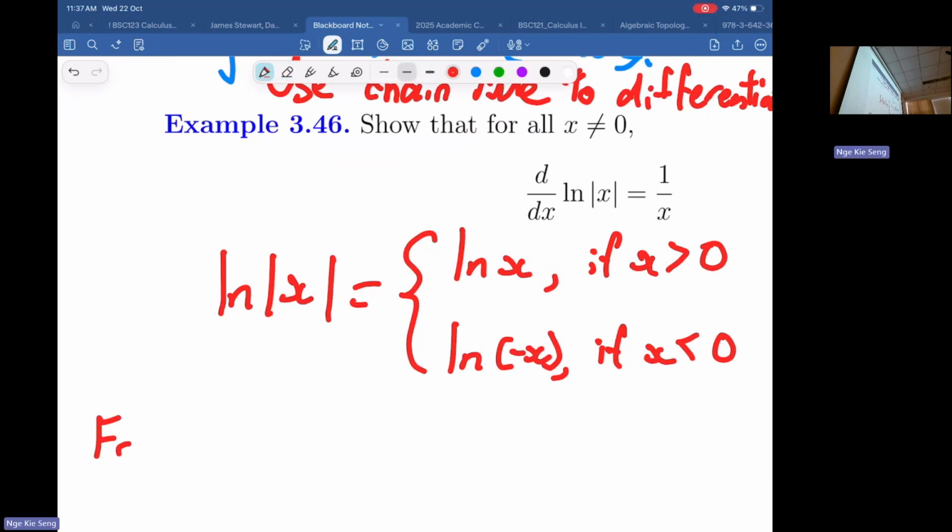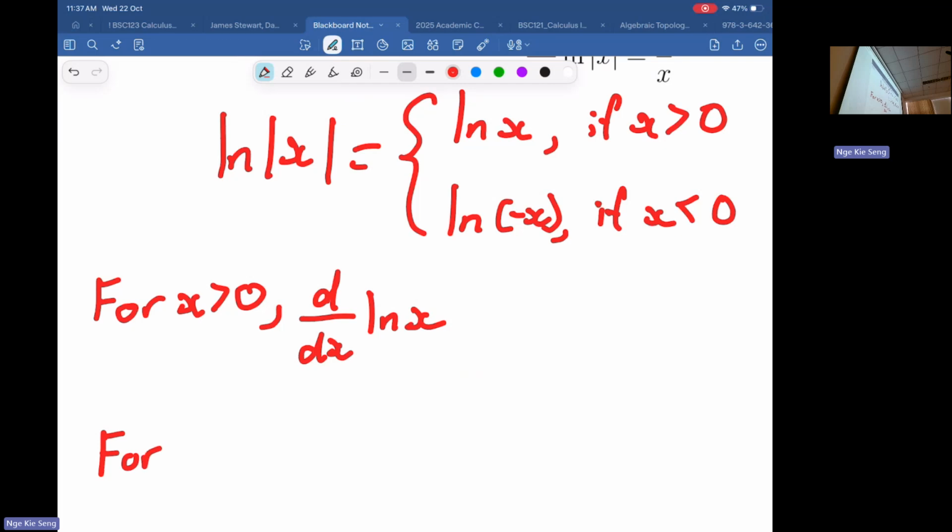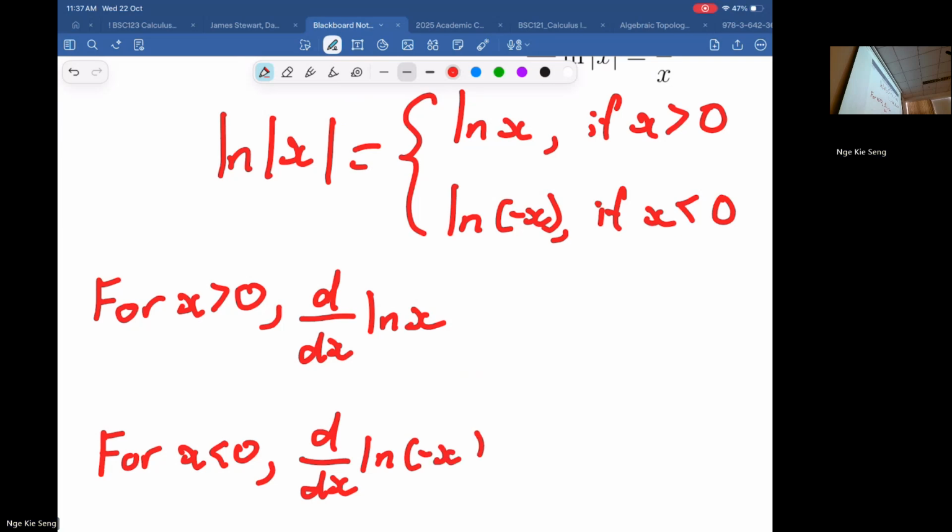For two cases: for x greater than 0, we differentiate ln x, and for the second case, x less than 0, we differentiate ln of minus x. Can we quickly compute these two? The first one, we just get 1 over x. Makes sense? We just use the formula. How about the second one?